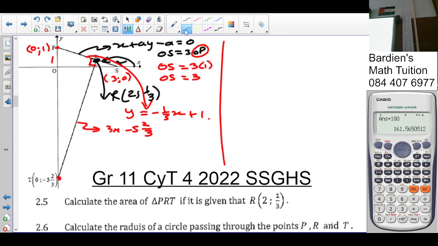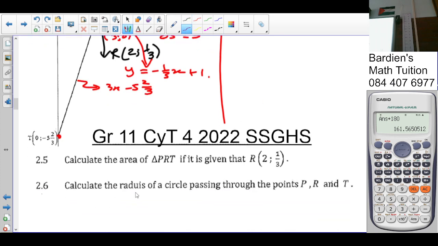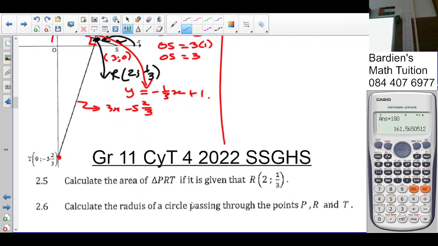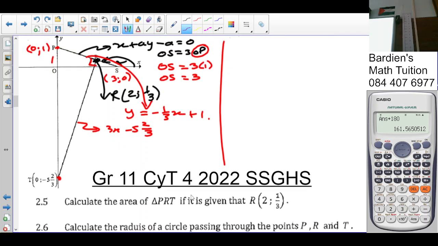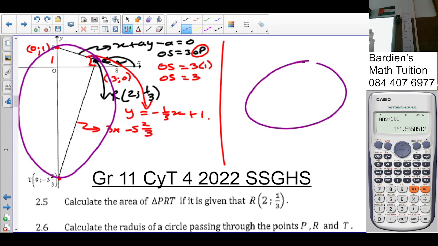Look at the last question. We are told to calculate the radius of a circle passing through PRT. So if you look at this here, and I draw a circle around this, what do we see here? We see a 90 degrees, not so? If you draw a circle and you've got 90 degrees here, what can we conclude?